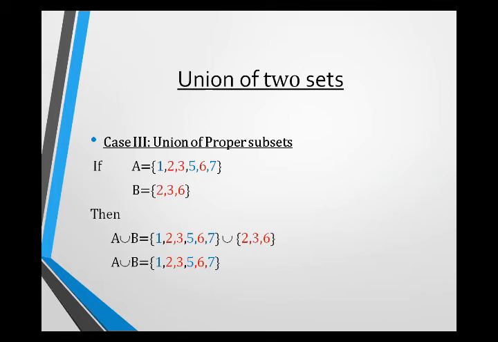The category number 1 is those members which belong to only set A, not in set B, and those members are 1, 5 and 7. And the second category is those members which belong to set A and set B, and those members are 2, 3 and 6. As you see students, those members are present in both sets. So this is the second category.